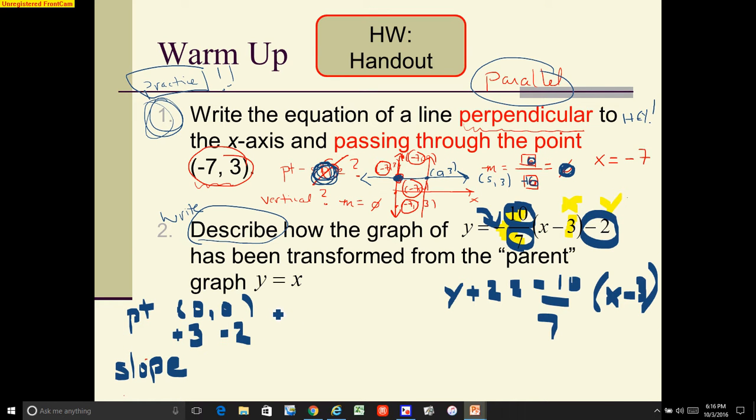So I have to say the center point moved 3 units to the right and 2 units down. The slope is negative 10/7, which means my line is decreasing over its domain.